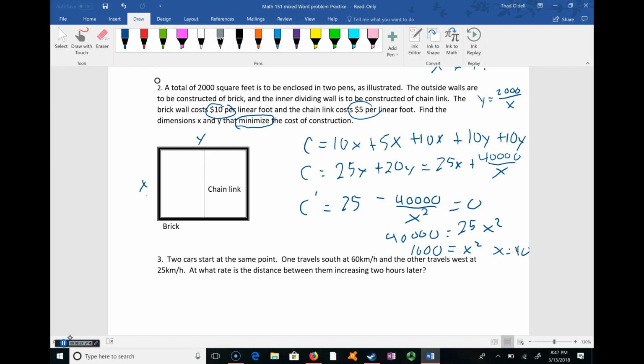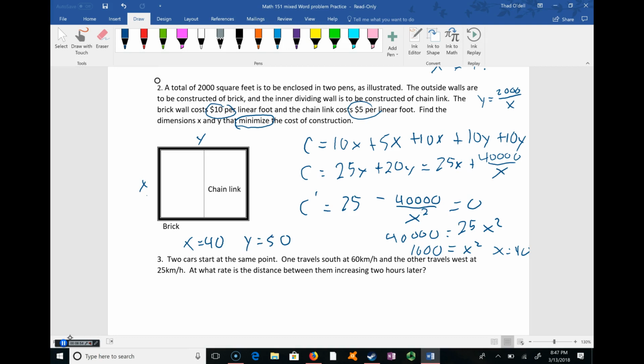So if x is equal to 40, that means 2,000 divided by 40 is 50. So for the construction, the x would be 40 and the y would be 50.